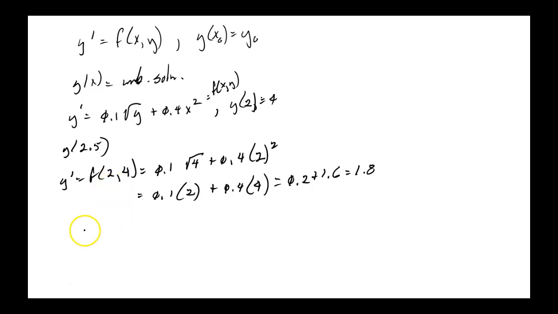We know the slope is 1.8, so we're going to have some L of x equal to 1.8x plus some value, let's call it b.